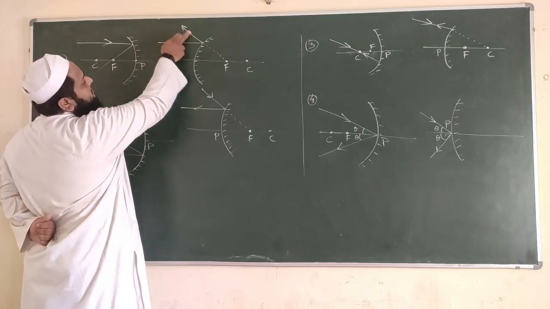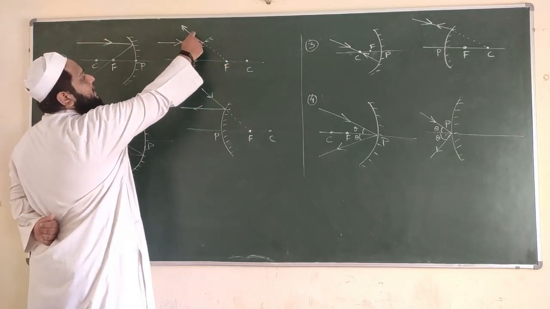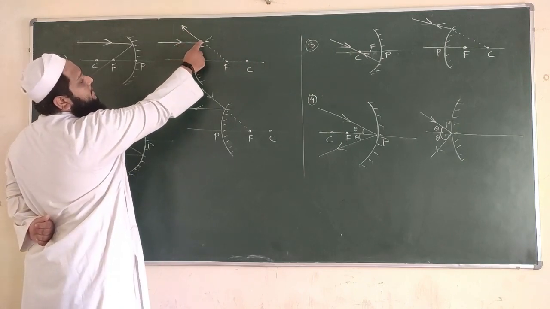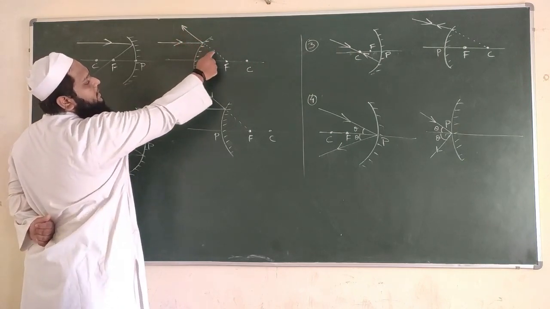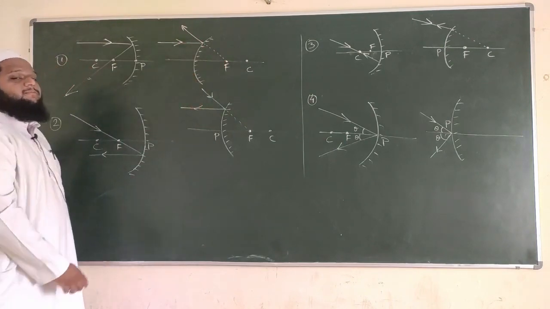After reflection, it goes away, so obviously it is not touching the principal focus. But when I extend the reflected ray backwards, we will always see that the ray is touching the principal focus F.